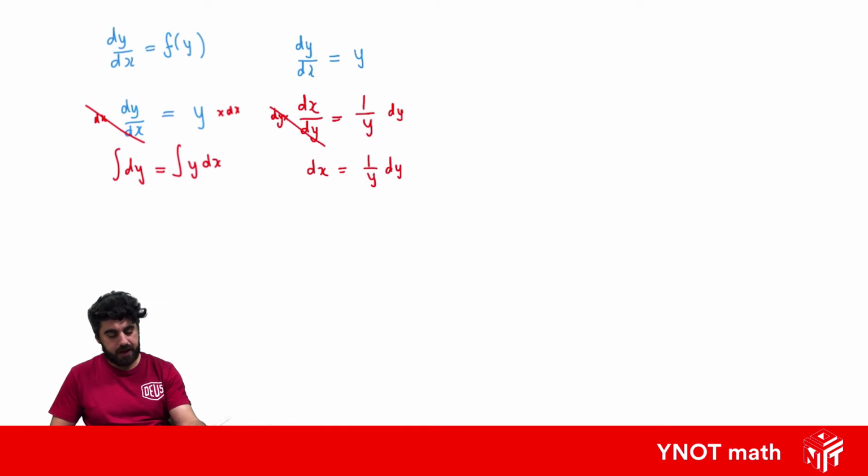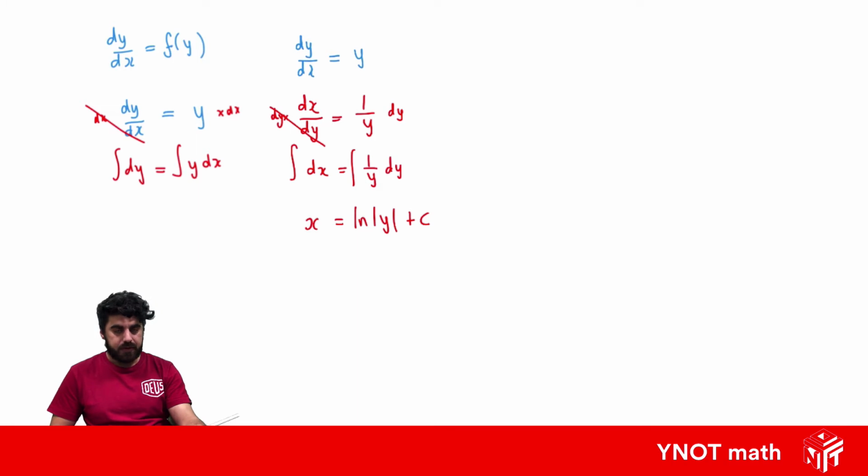And we can go ahead now and integrate both sides of the equation. So integrating 1 dx is just going to give us x. And integrating 1 over y with respect to y is just going to give us ln of the absolute value of y plus a constant.